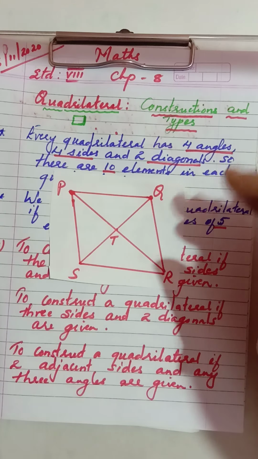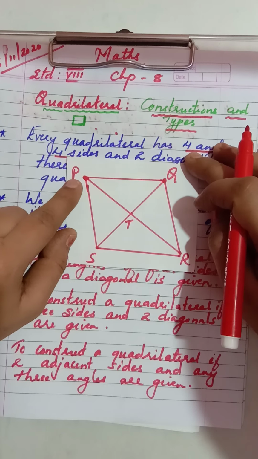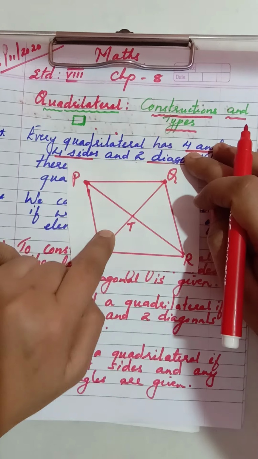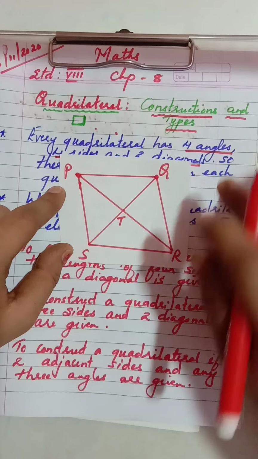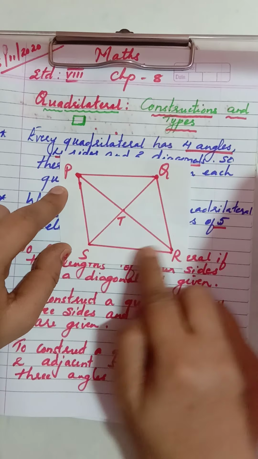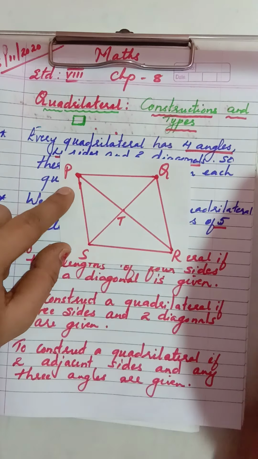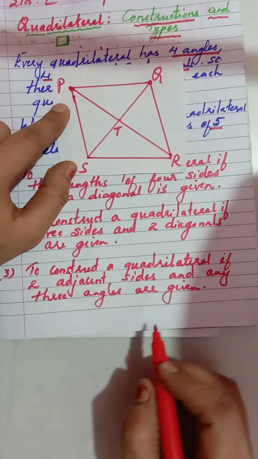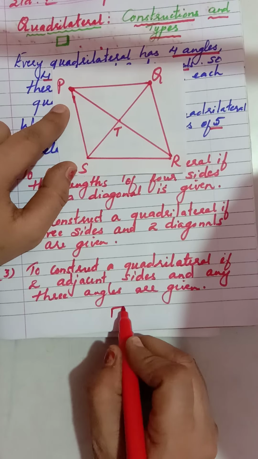Now remember, children, whenever you are naming the quadrilateral, you have to follow one sequence, either clockwise or anti-clockwise. If I have to write the name of this quadrilateral, I can name it as quadrilateral PQRS, or I can name it as quadrilateral PSRQ.